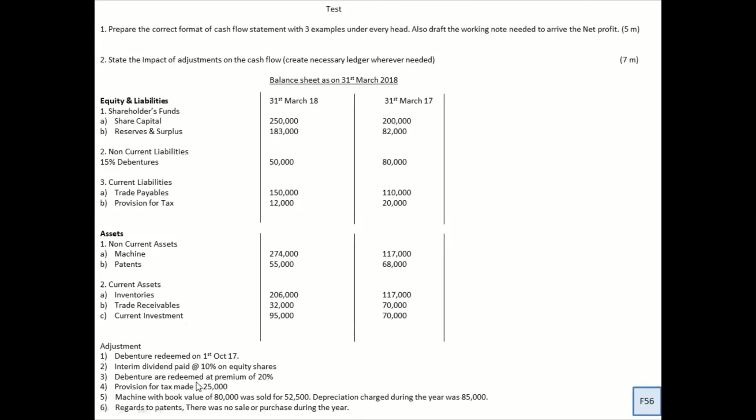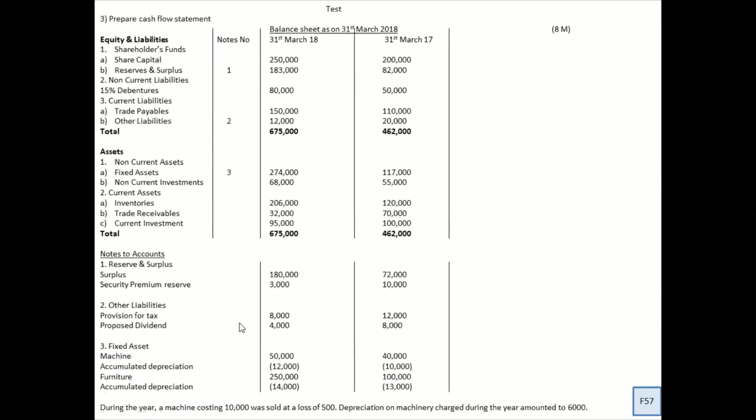If you understand these adjustments, you don't have to look into any more sums from the textbook. And then the next one is a comprehensive sum. In this comprehensive sum, there is only one adjustment. This is a typical board exam sum where you will get only one adjustment.